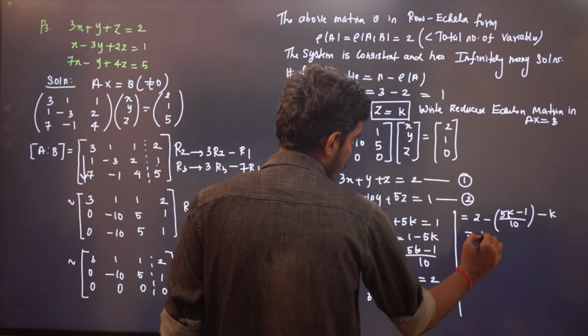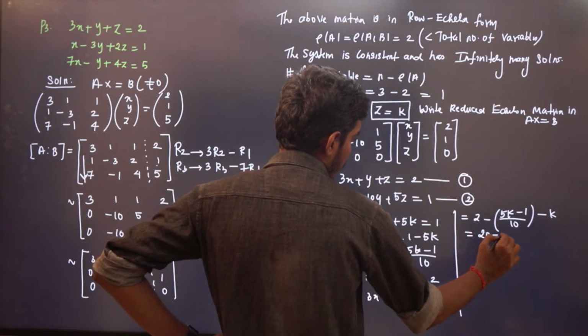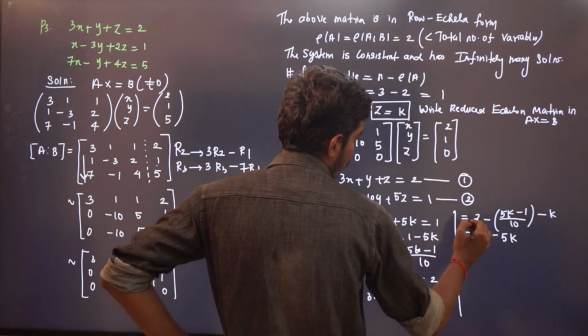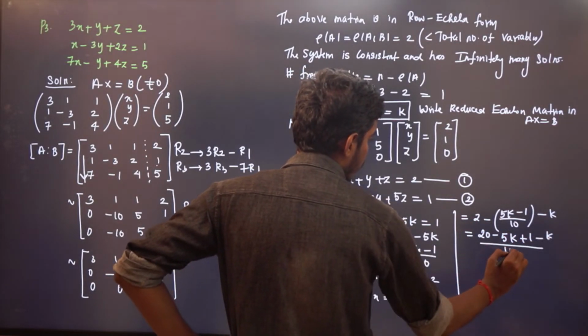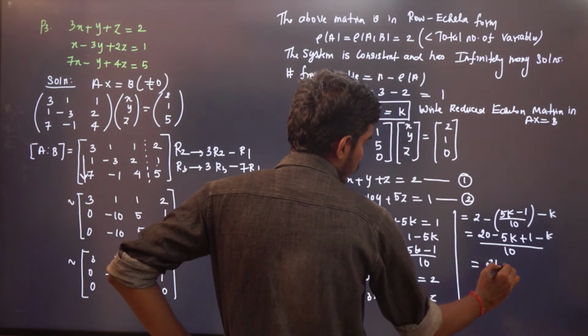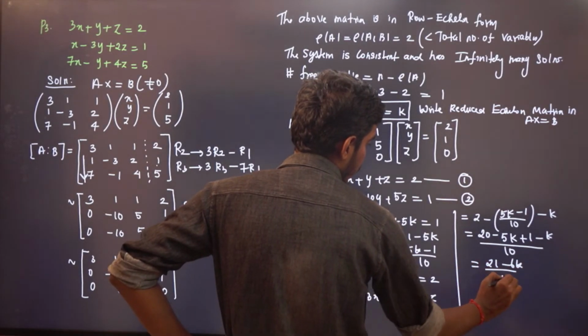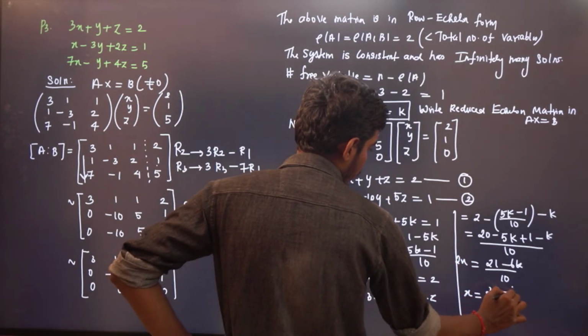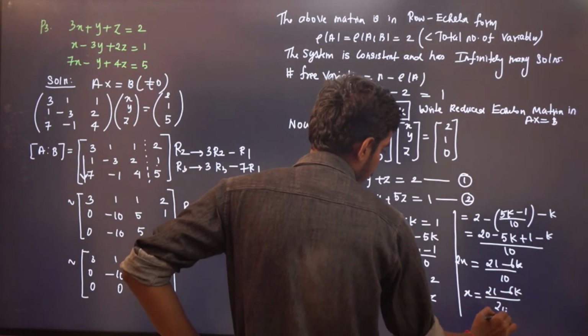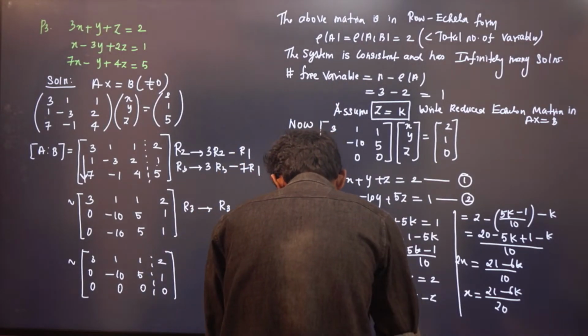So which is 20 minus 5k plus 1 minus k by 10. So (21 minus 6k) by 10 is 3x. So x is (21 minus 6k) by 20.